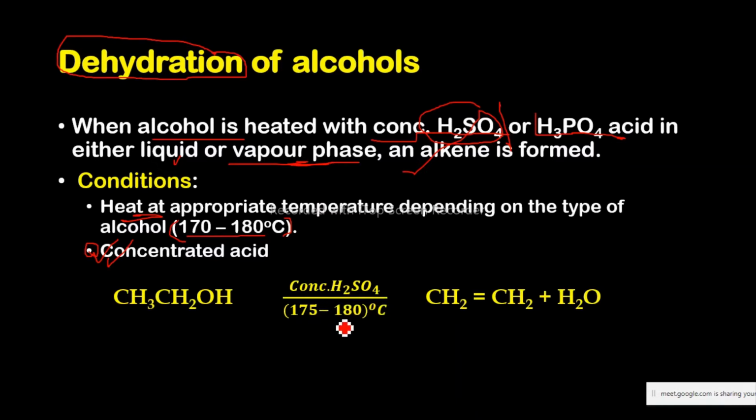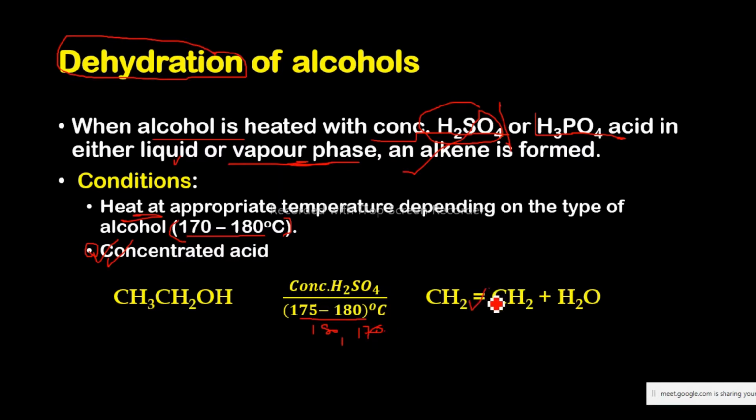Now when you are writing a paper, you don't put the range. You choose one temperature in this range, either 180 or 170, but you write one specific temperature, not a range.